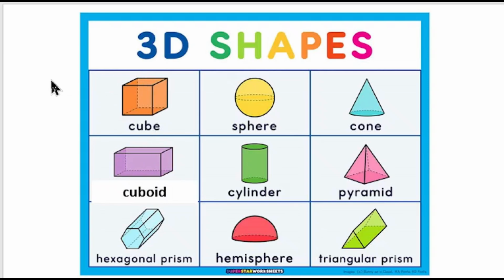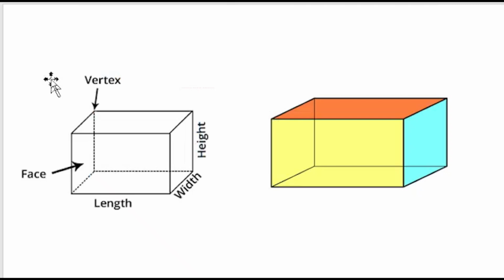So the first shape, see, is it a cuboid or a cube? This is a cuboid, because the length is longer, the width is shorter, and the height is a bit more than the width but less than the length. These are called faces.